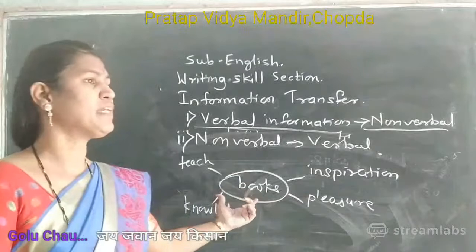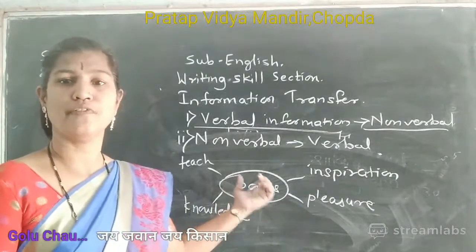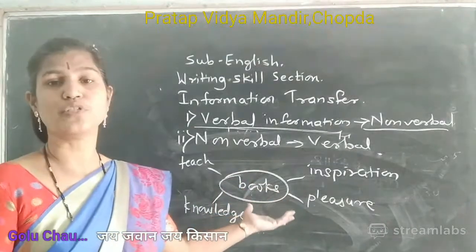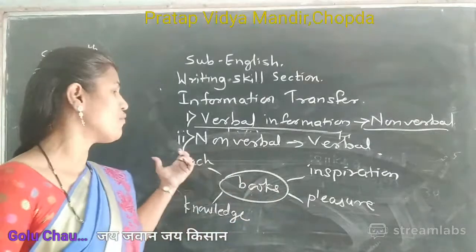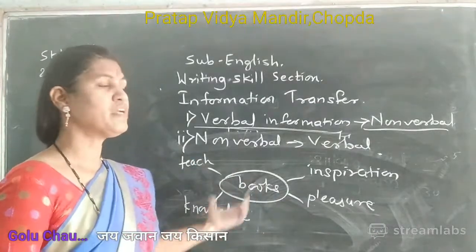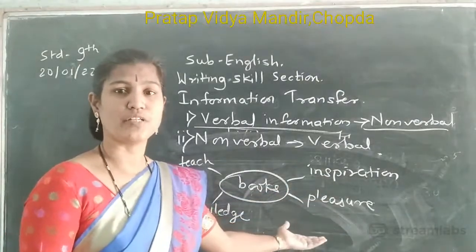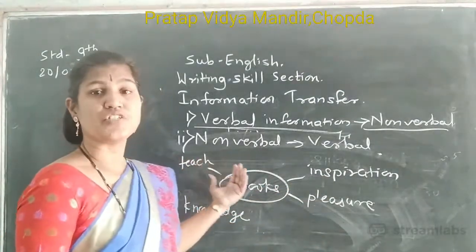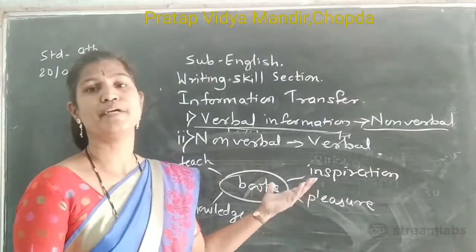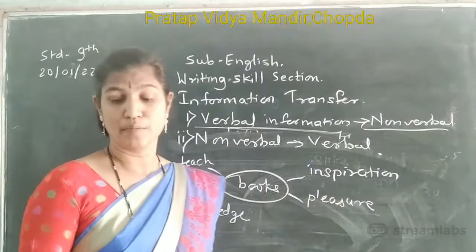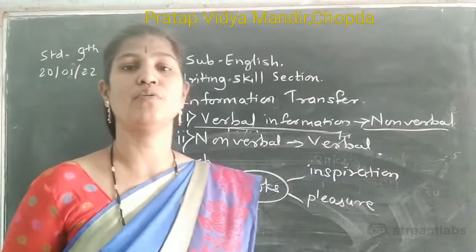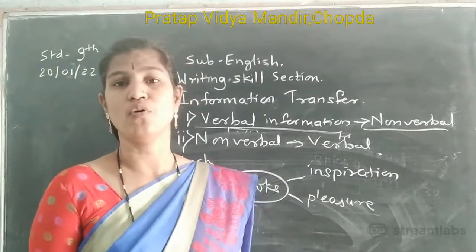Here, books means importance of books. So books are important for us because they provide us knowledge. We get information from books. Reading gives us pleasure. Books teach us many things. We learn many things from books. Books give information about the people living all over the world.